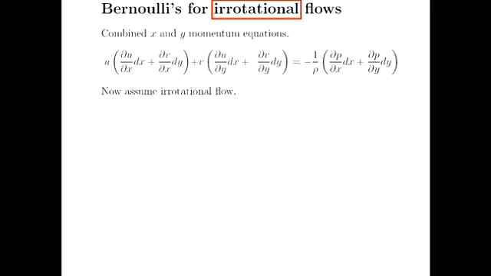Something pleasing happens with the algebra when we assume that the flow is irrotational, okay? So irrotational flow is that the vorticity is equal to 0, or that the Laplacian of the stream function is equal to 0. However we write it, it amounts to the same thing. Do you remember the equation for vorticity, or the equality that I'd have if vorticity is equal to 0?